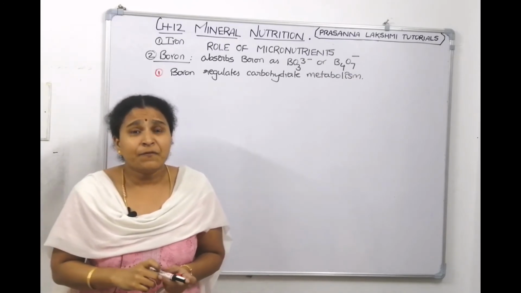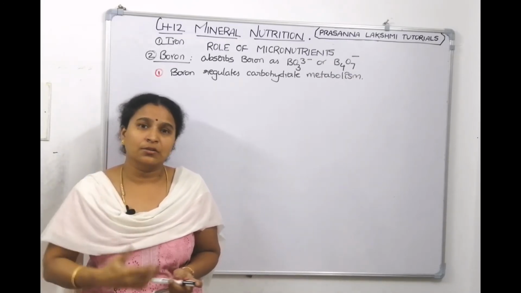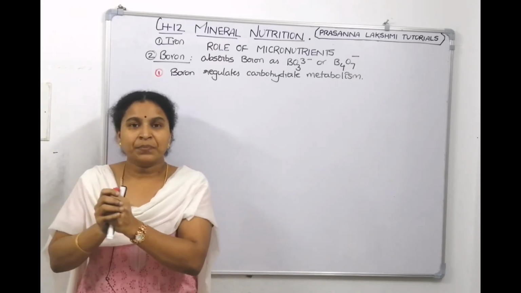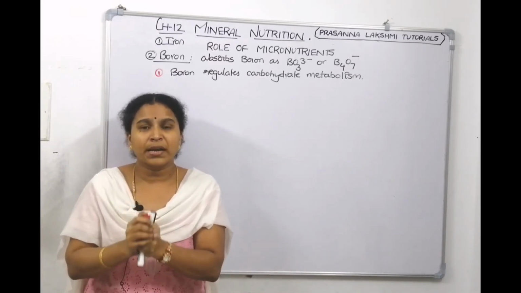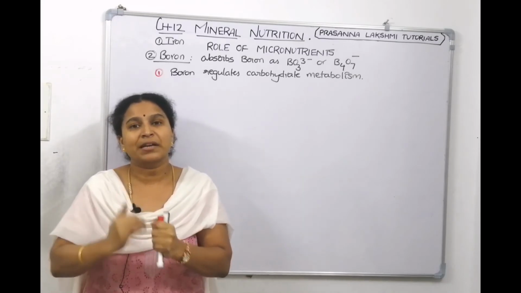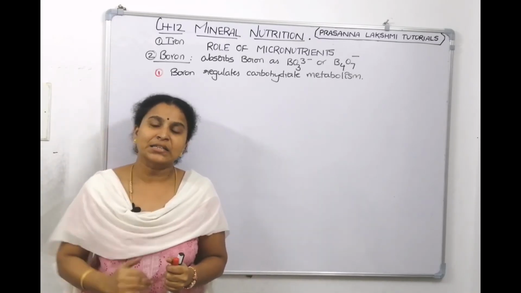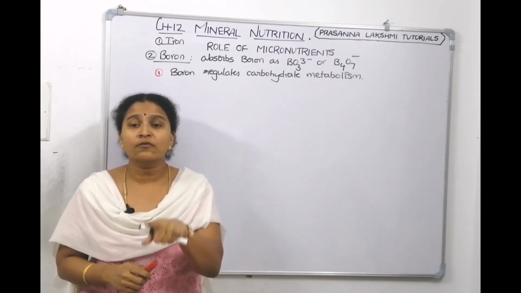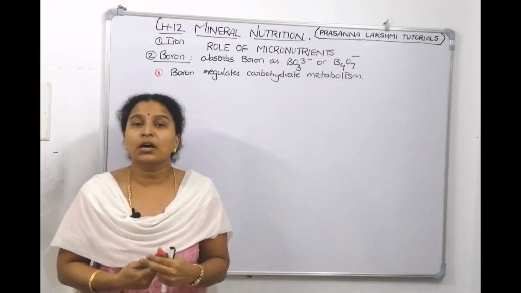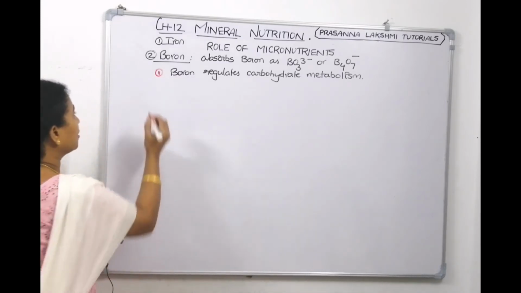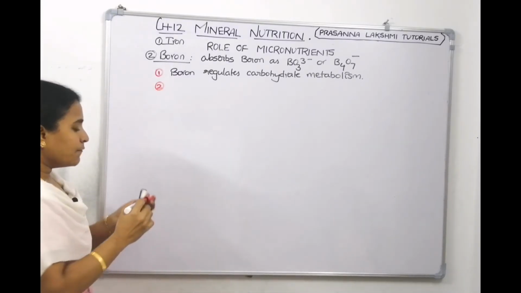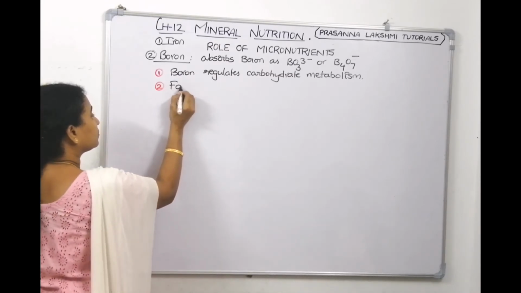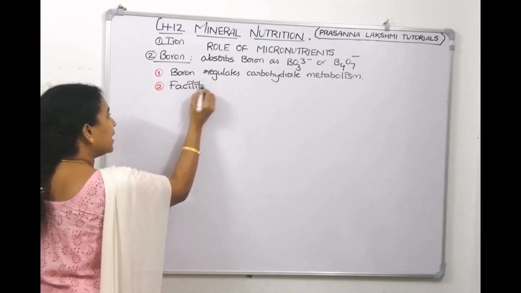Boron facilitates translocation of sugar. Means boron will take the sugar and make a complex called sugar borate, and in that sugar borate form it is translocated to long distances via phloem. What is the second function? Facilitates long distance transport, translocation.